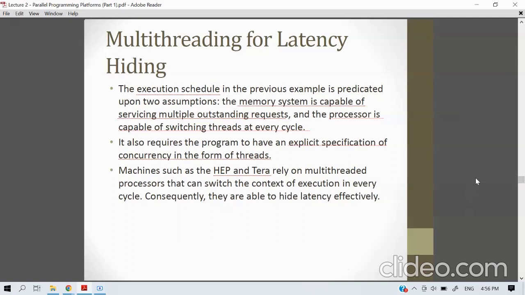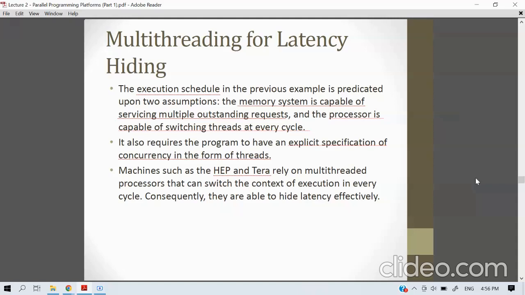All right. The execution schedule in the previous example is predicated upon two assumptions. The first one is that the memory system is capable of servicing multiple outstanding requests. And the second one is that the processor is capable of switching threads at every cycle.